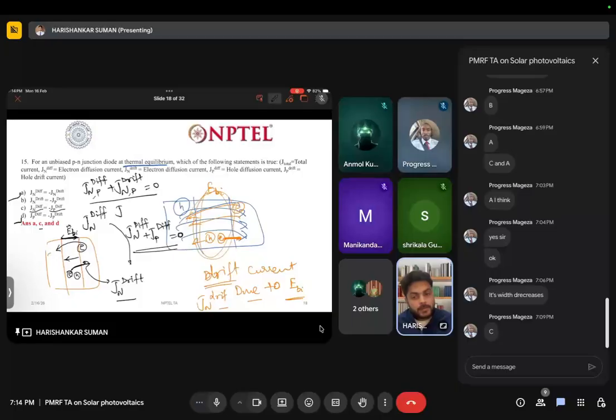Diffused electrons recombine with holes. Or let's say one hole goes this side, one electron comes this side, so hole and electron balance each other, and at equilibrium there is no net flow, current will be zero.